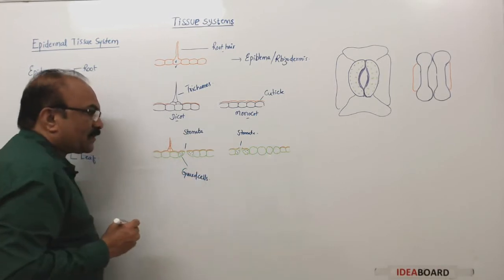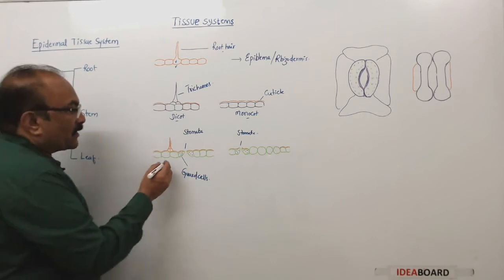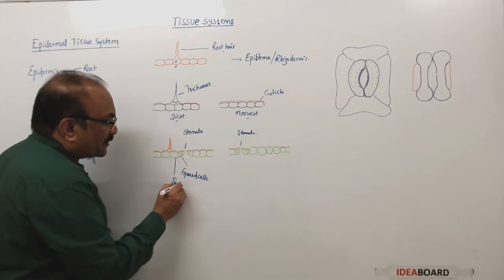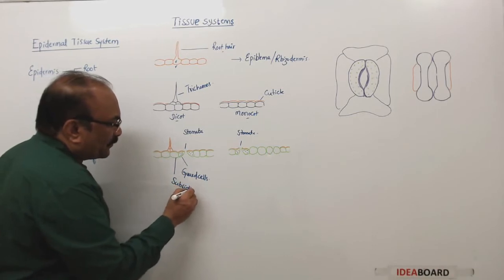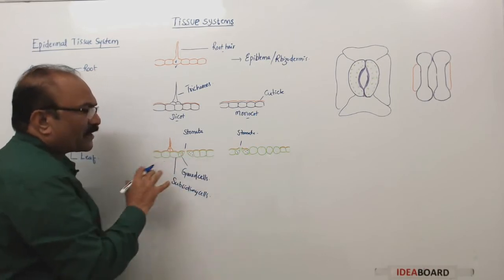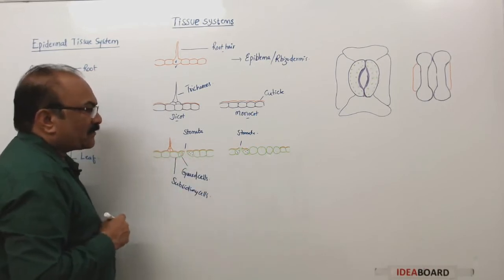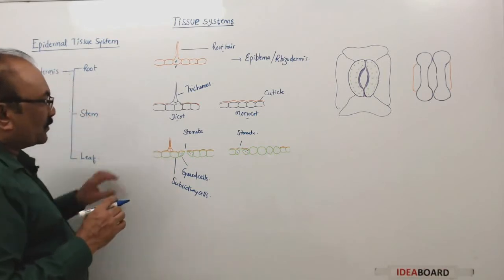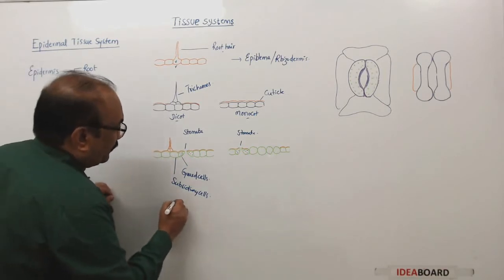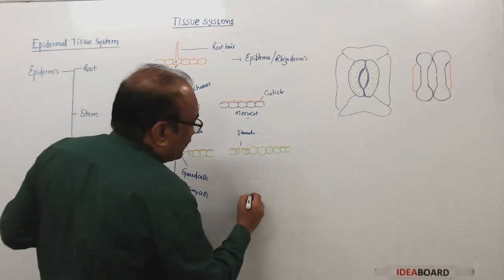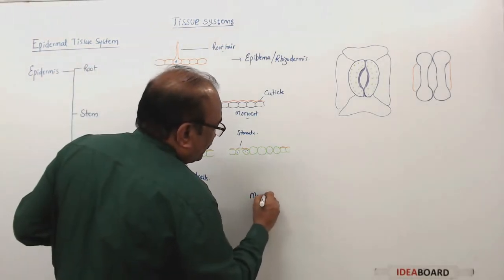I hope you're understanding. These are guard cells, and the adjacent cells are called what? Subsidiary cells. They are different from the rest of the epidermal cells. And you can see here, this is the dicot leaf epidermis, and this is the monocot leaf epidermis.